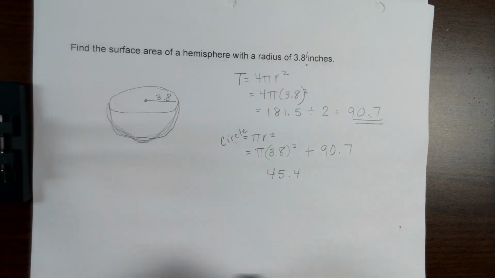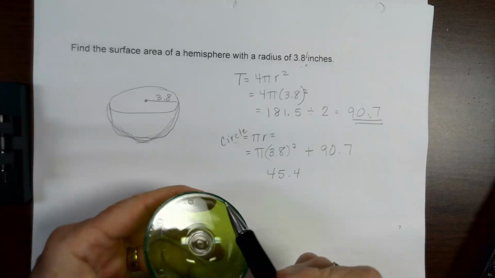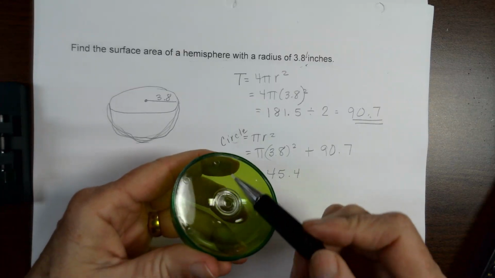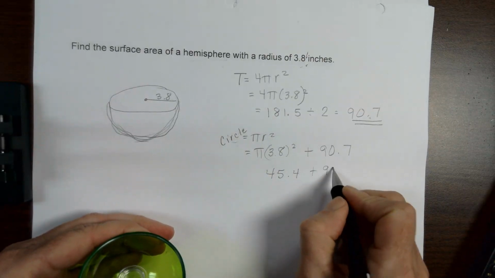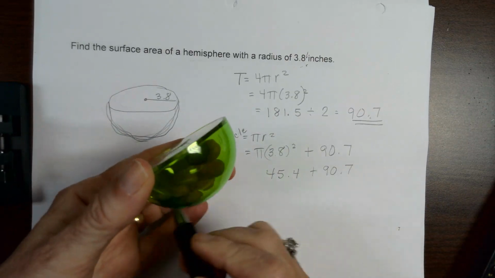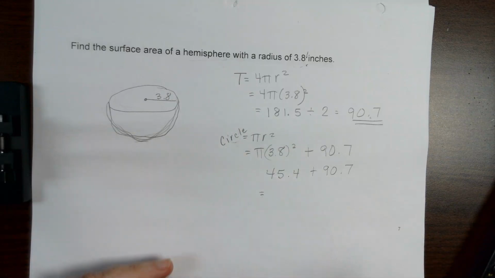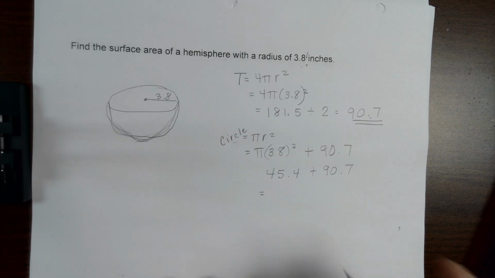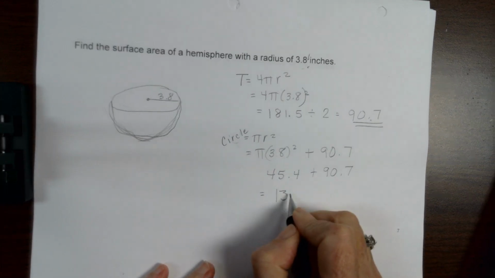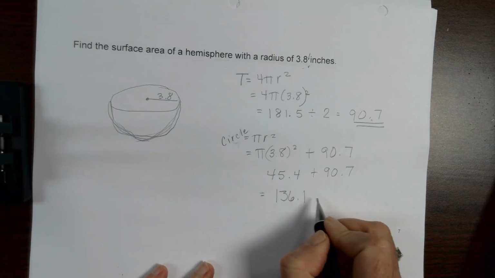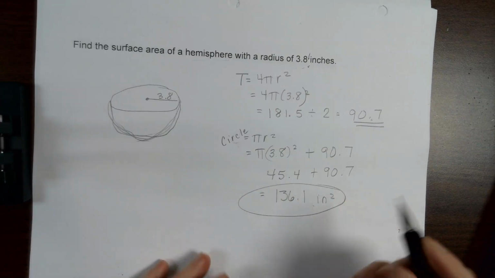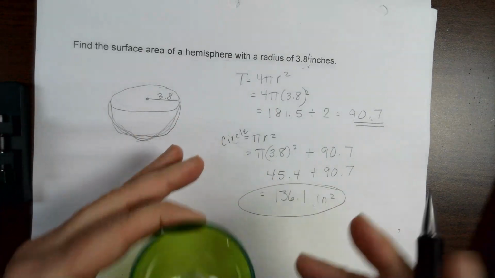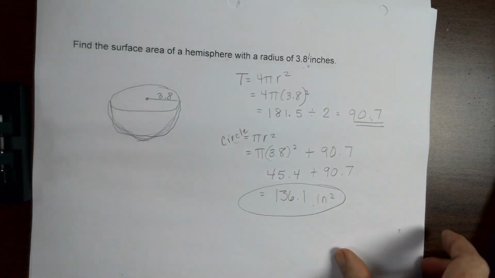Now that's going to be this area right here. Okay, that flat surface. Then this rounded surface of my hemisphere was the 90.7, which is going to give me a total of 136.1 inches squared. Now that is the surface area of that hemisphere.